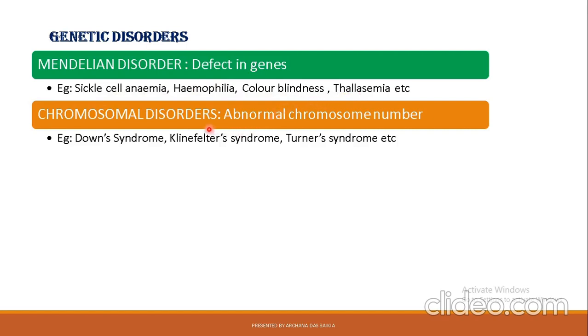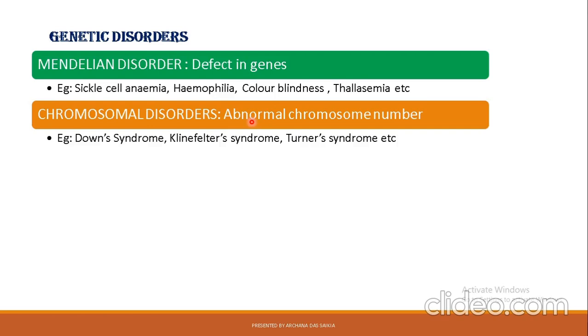The second type of genetic disorder is chromosomal disorder. In chromosomal disorder, there is no defect in the gene as such, but the individual is seen to have some sort of abnormality or syndrome or symptoms which is not in line with the normal. It occurs due to an abnormal chromosome number.